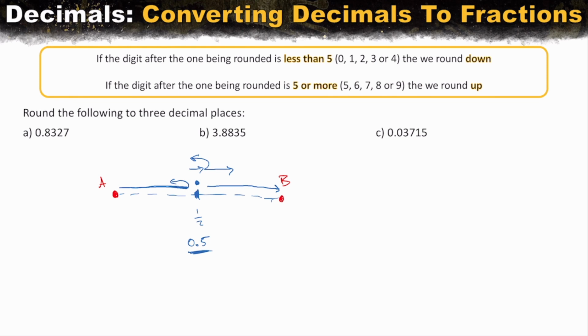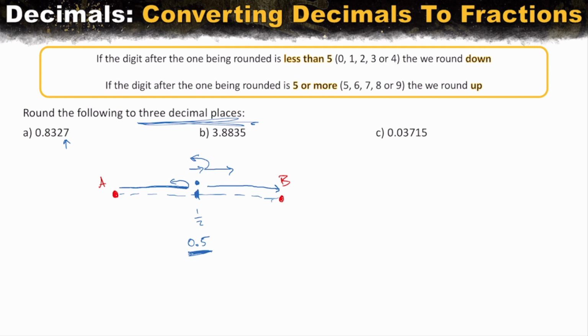Now, where this sometimes becomes confusing to people is we don't just round to the nearest whole number all the time. In this case, we're rounding to 3 decimal places, which means the value we're actually looking at is the 4th decimal place. What I think about when I'm looking at this is going clear cut.